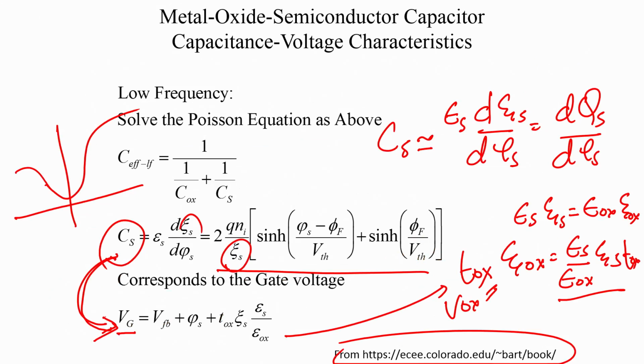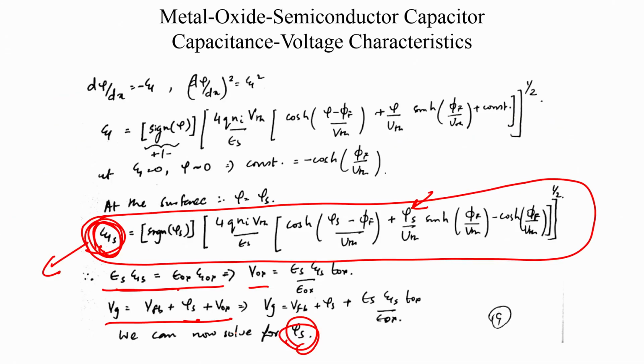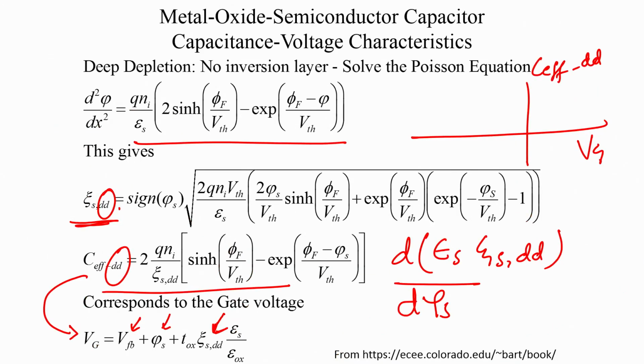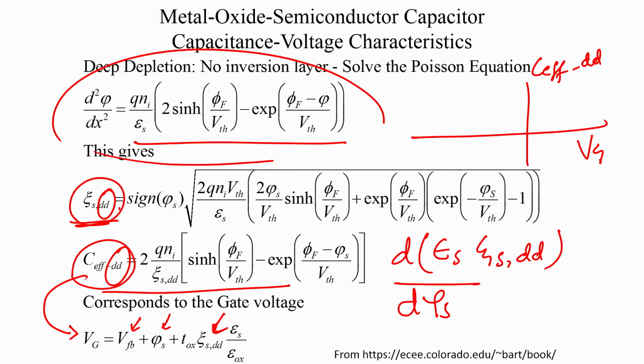So, just to summarize, for low frequency you have Cs corresponding to this gate voltage, where this is the low frequency electric field obtained from this Poisson equation. For deep depletion, we solve a new Poisson equation which does not permit the inversion layer, and you find the new electric field and a new capacitance, and that capacitance corresponds to this gate voltage, which uses the deep depletion electric field, not the low frequency electric field.